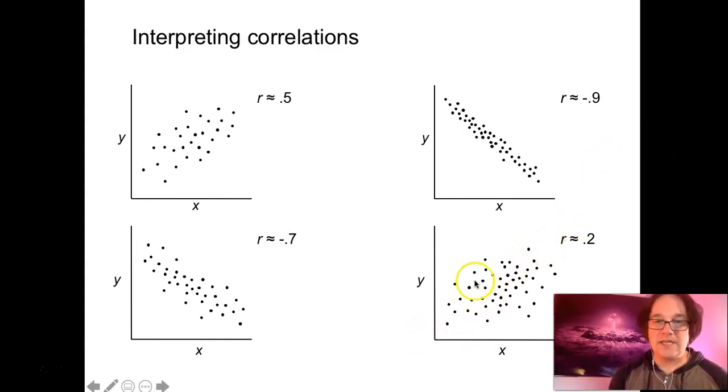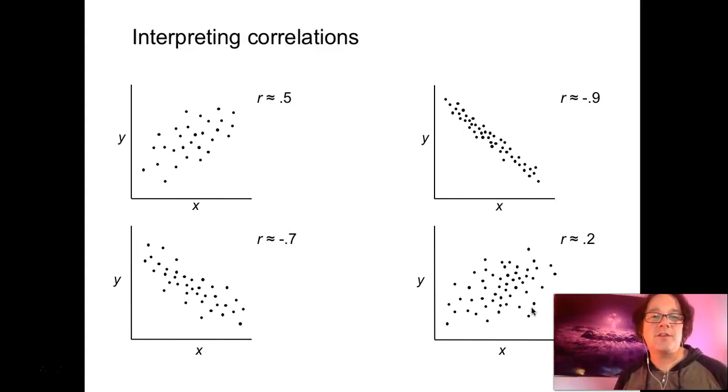If we look at it, it kind of looks like there might be a really small positive relationship going on, but it's definitely not impressive, not convincing. I guess they made that about a 0.2 or so.